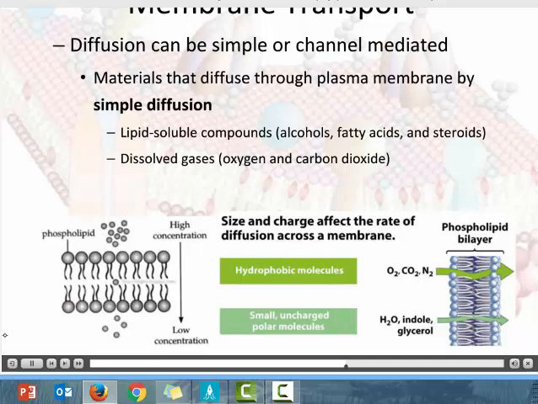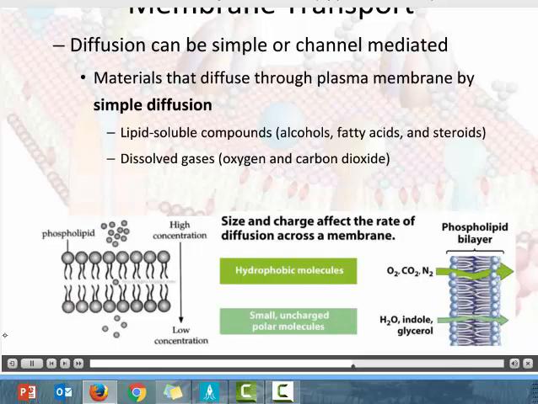Also capable of simple diffusion are dissolved gases. Dissolved gases include carbon dioxide and oxygen. This is wonderful because our oxygen can move freely into our cell according to its concentration gradients and provide our cell with oxygen for aerobic respiration, which is used to make ATP.